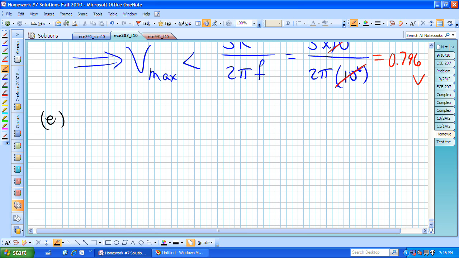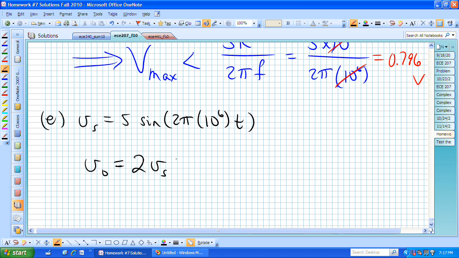Well, V sub s equals 5 sine of omega t, where omega is 2 pi f, and f is 1 megahertz. If this was an ideal circuit without any limitations, our output voltage would be 2 times V sub s of t, and that's going to be 10 times the sine of 2 pi times 10 to the 6th t.